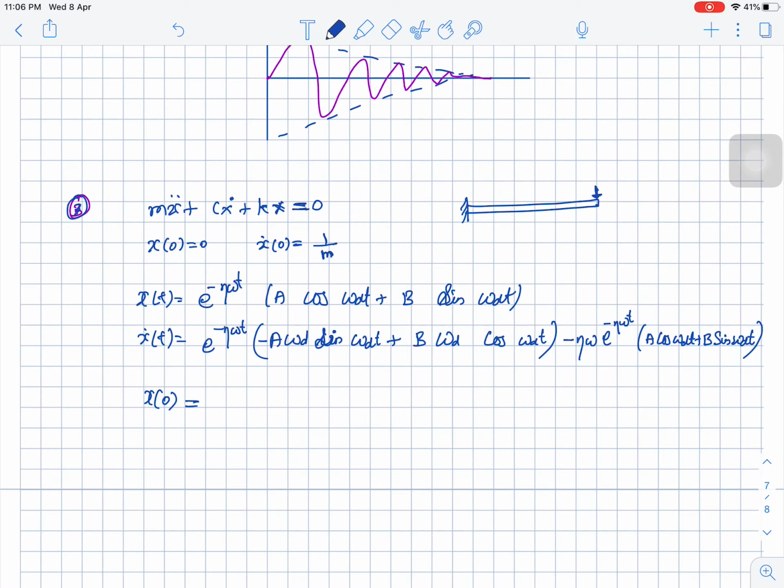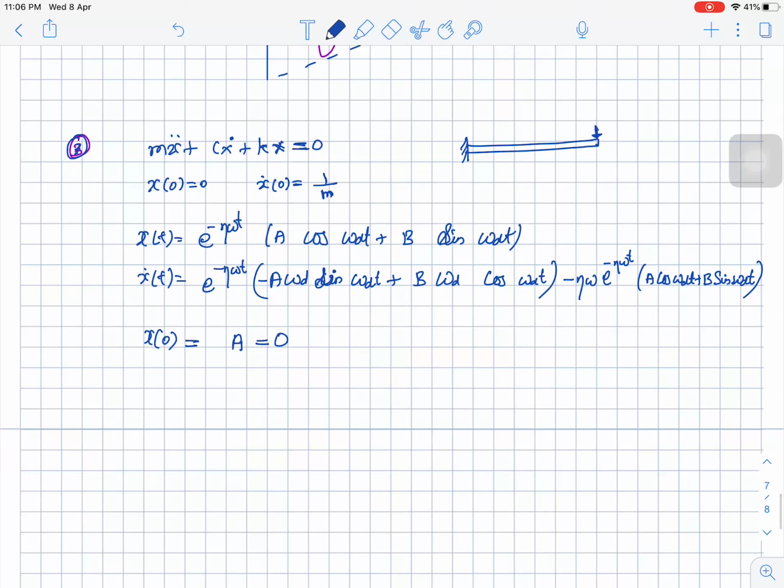X of 0 equal to a, plus a is equal to 0.